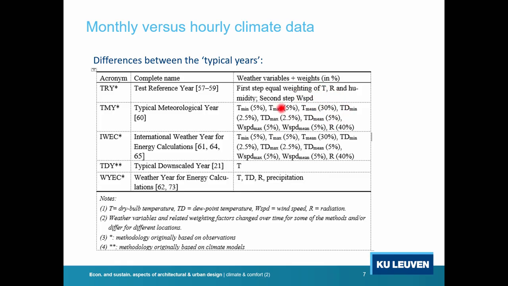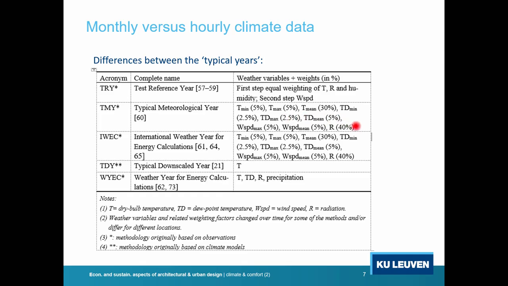But they also look at maximum temperature and minimum temperature, to a lesser extent, to have a good representation of the extremes, so in the morning and the afternoons, let's say. They also look at the dew point temperature, to see how humid the climate is: minimum, so morning, afternoon, morning, and on average.